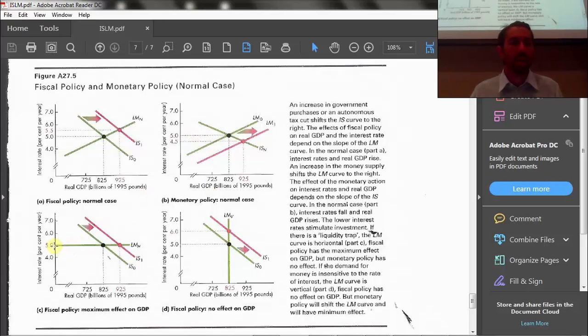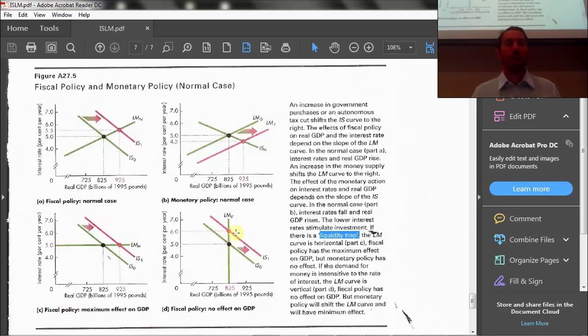What happens then if our LM curve is horizontal, which was the question you asked? When we have a horizontal LM curve, that is called a liquidity trap. Okay? A horizontal LM curve arises from a horizontal money demand curve. So with a horizontal LM curve, the only way that you affect output is through fiscal policy.